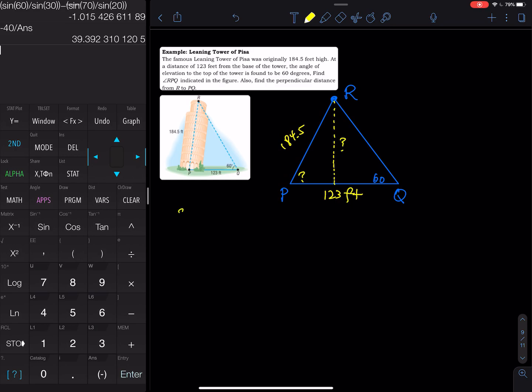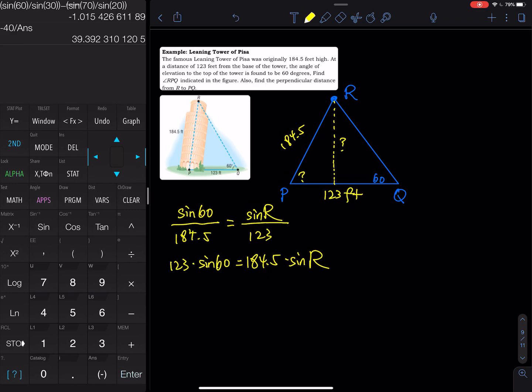We have sine of 60 degree divided by 184.5. So they are facing each other, right? 60 and 184.5. That is equals to sine, let's just call it R, divided by 123 feet. That is the base. You cross multiply. 123 times sine of R. And then divide both sides by 184.5.